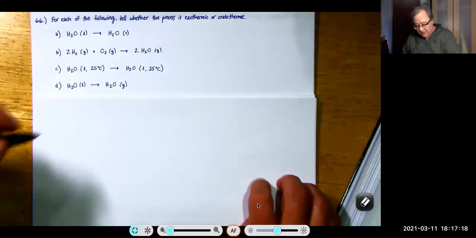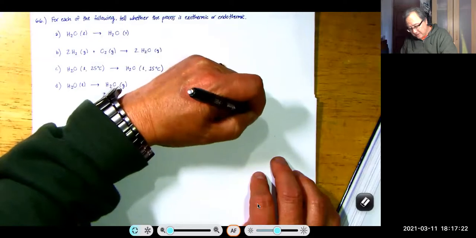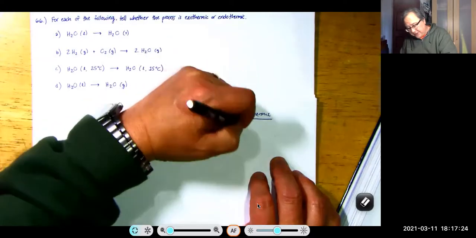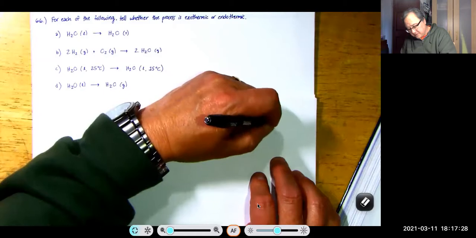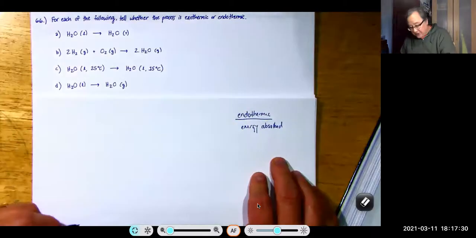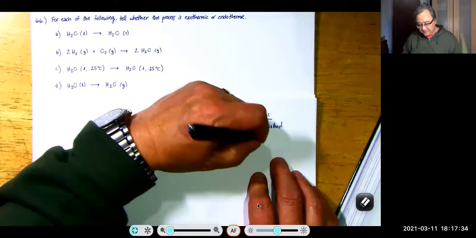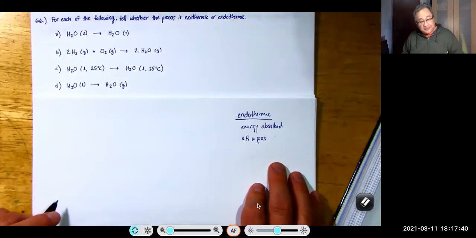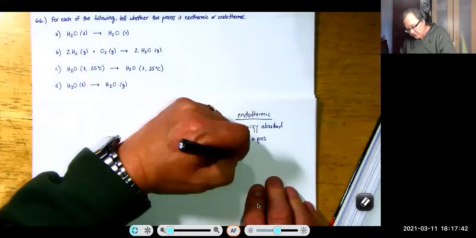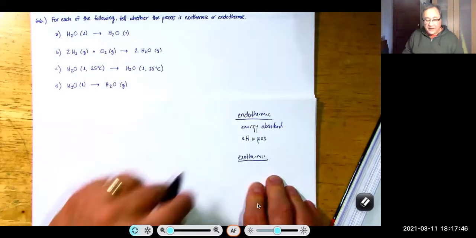Now, I want to remind you that endothermic means that energy is absorbed. The delta H is positive. What else can we say about endothermic? I think that pretty much captures it. And exothermic, oh, I thought of one more thing.